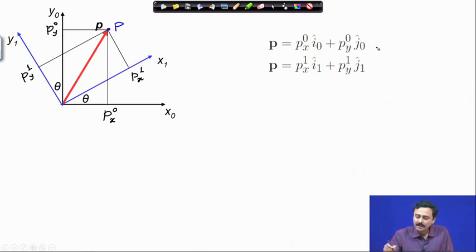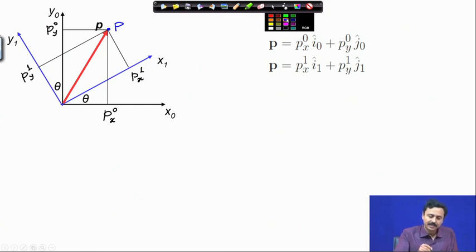Therefore, I have these two representations of the vector P. Remember that it is the same vector P, which is the position vector of point capital P.